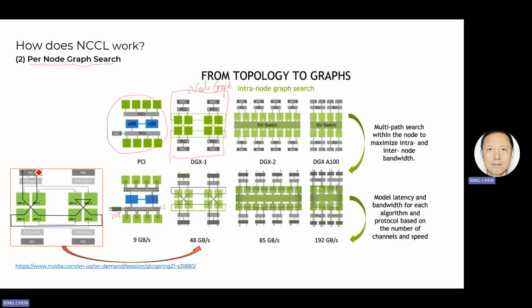The ring is that you get into this NIC, you get into GPU 1, and this is a PCIe link. Then you go through NVLink between GPU 1 and GPU 2, and from GPU 2 to GPU 6, NVLink, and then NVLink again.